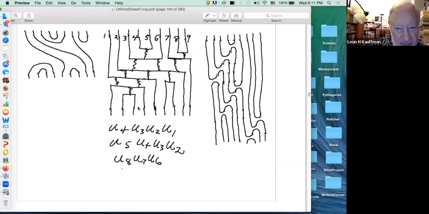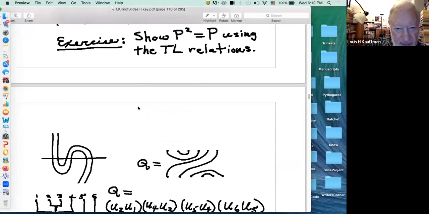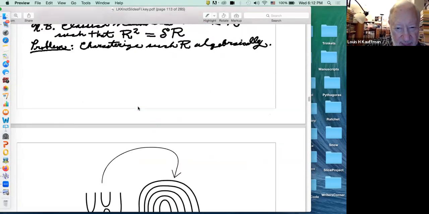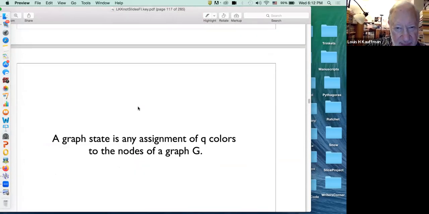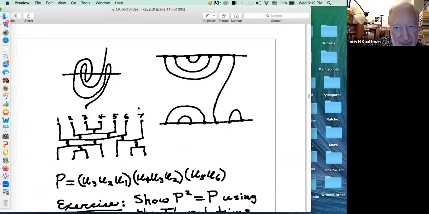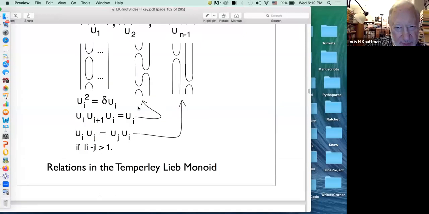Where I stayed away from the topology for a little while. We should see a braid. I'm not seeing a braid. Let's see. What should we do about that?